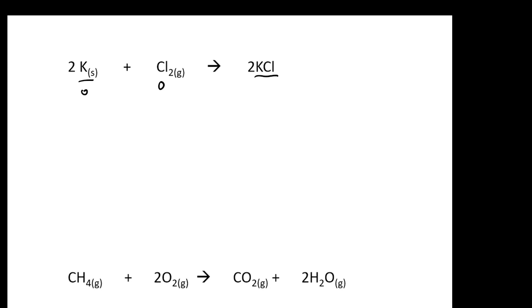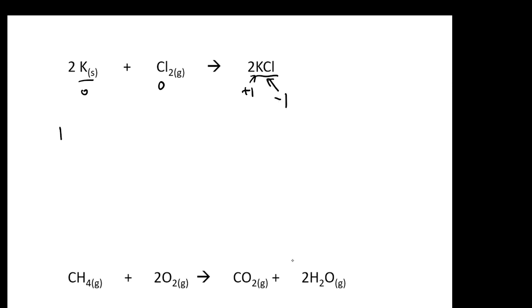KCl overall is 0, right? But now you want to break it down to see the oxidation number of each individual atom. Remember potassium, if you look at the periodic table, is in group 1A. If you see it in a compound, it's always +1, always. Because the compound overall is neutral, chlorine has to be -1.